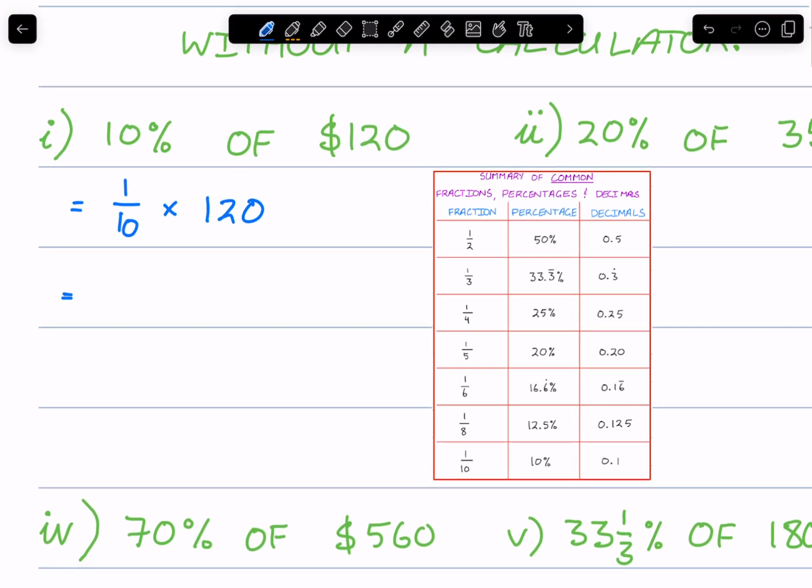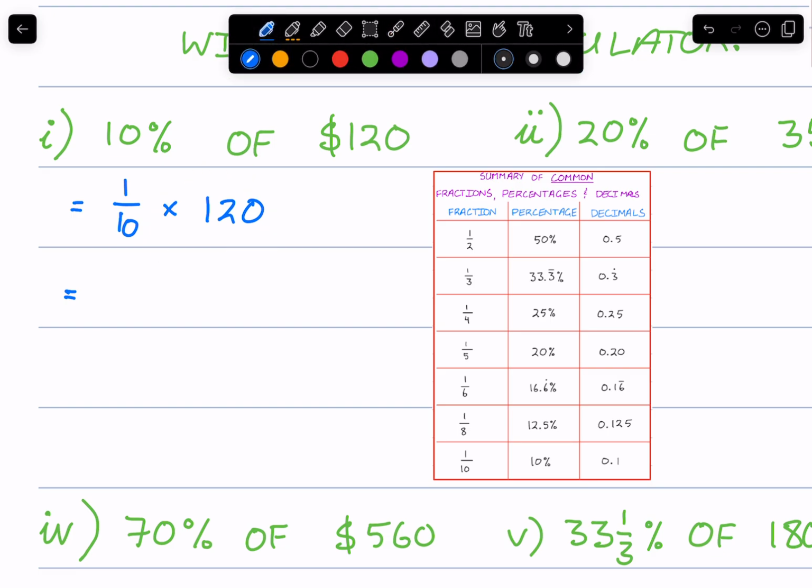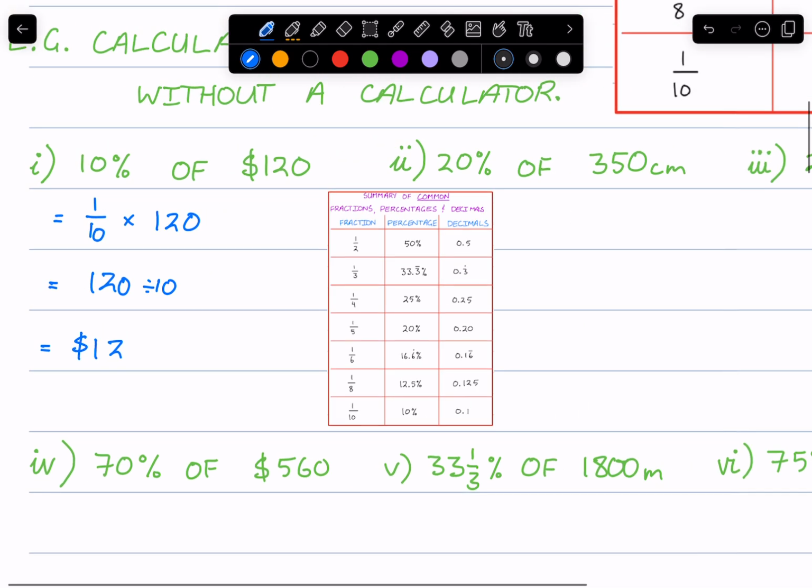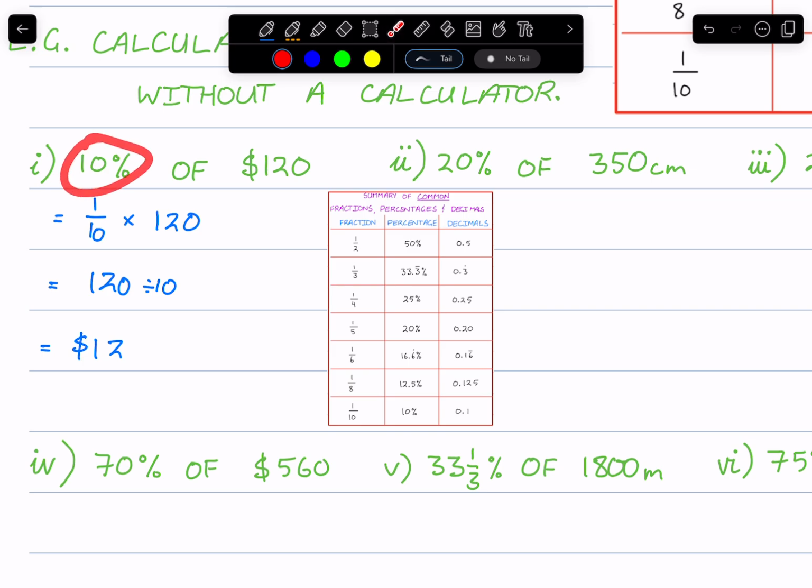We're finding 1/10 of 120, which is literally the same as 120 divided by 10. That just moves the decimal place one spot to the left, which gives us $12. So 1/10 of 120 is just $12.